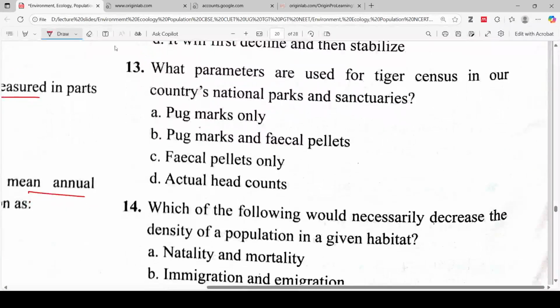Next question, what parameters are used for tiger census in our country's national parks and sanctuaries? Pug marks only, pug marks and fecal pellets only, actual head count. So the correct answer is option B, both pug marks and fecal pellets.